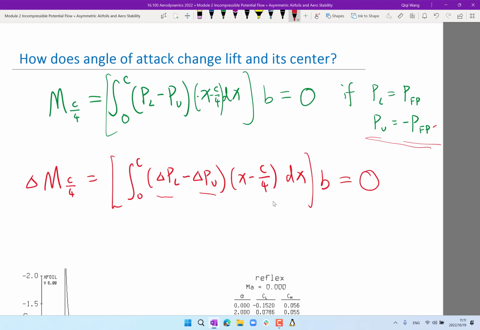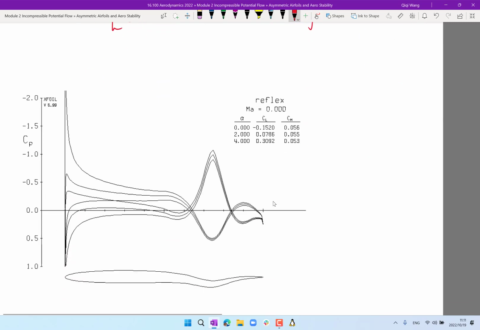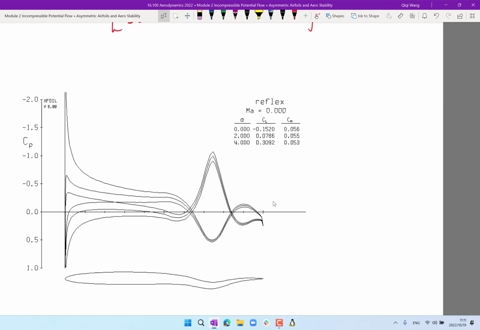Right? That is because if you focus just on the delta of the pressure instead of the pressure itself, then this is universal. As an example, I'm using this really weird airfoil over here, right? This is to show that whatever the airfoil is, no matter how weird the pressure distribution is originally, the pressure distribution in the middle is at 2 degrees angle of attack.